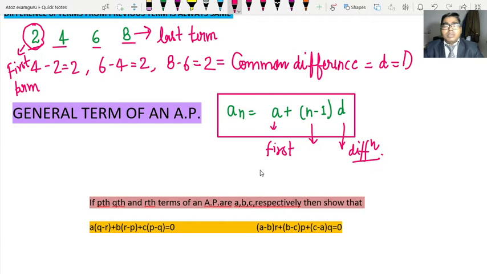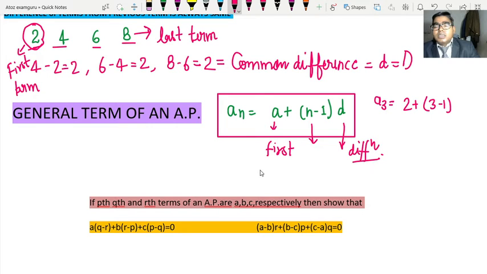What is the common difference between the terms? Let us take this series and find the third term. It means you will find a3 in this case. You will put the value of n as 3. The value of a, the first term, is 2, and n minus 1 is 3 minus 1.